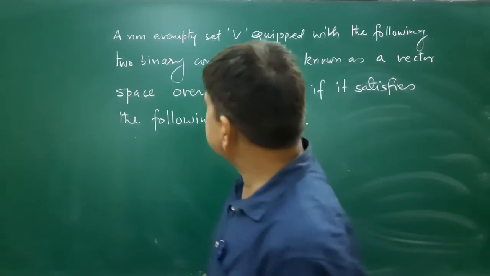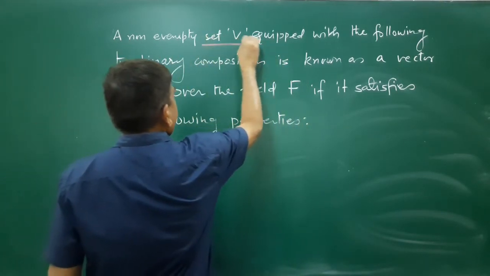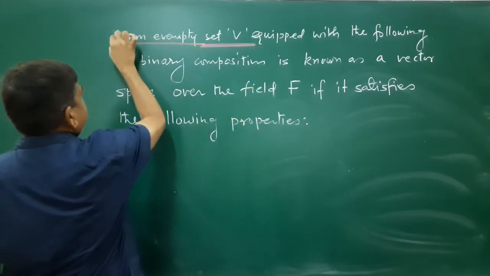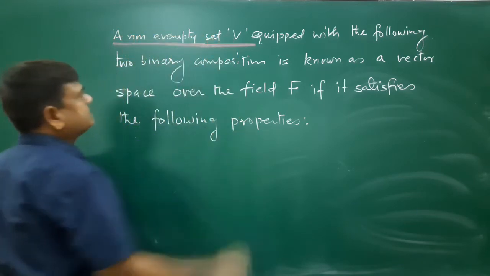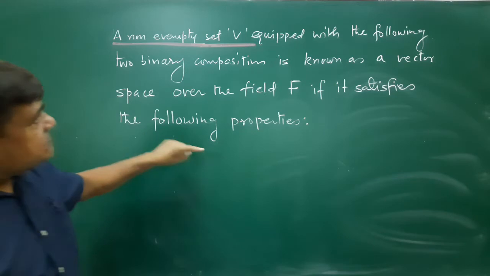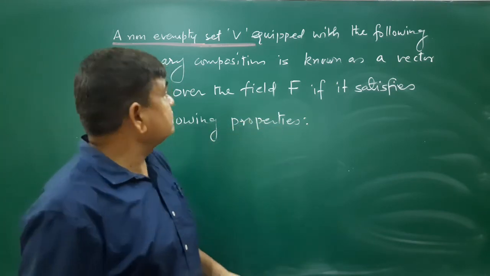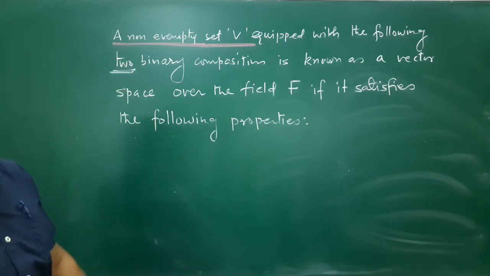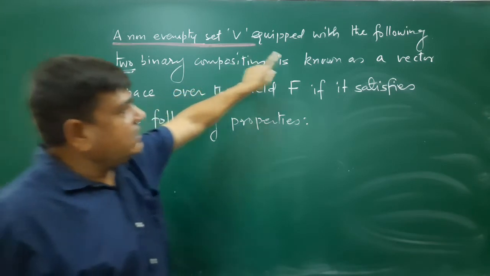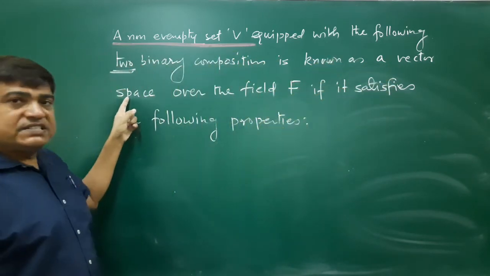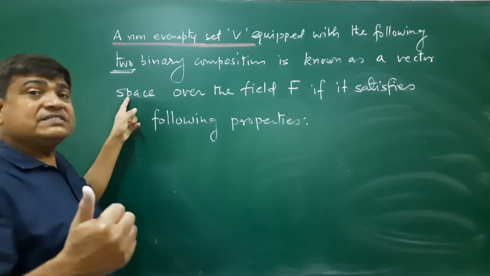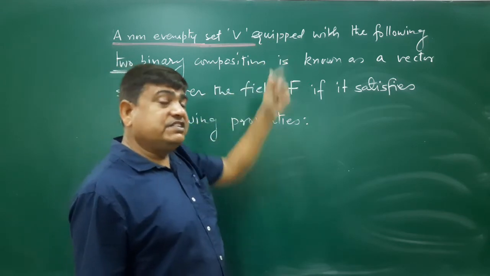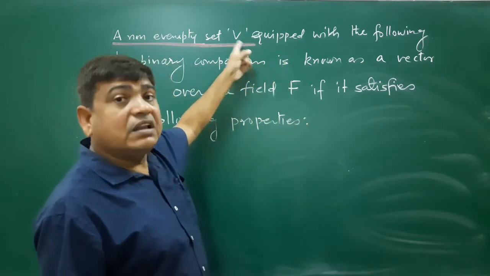Listen, a non-empty set V, it must be non-empty. How many operations are involved here? Two. Two binary compositions. The set V equipped with two binary operations is known as a vector space. Which type of set V? Non-empty.